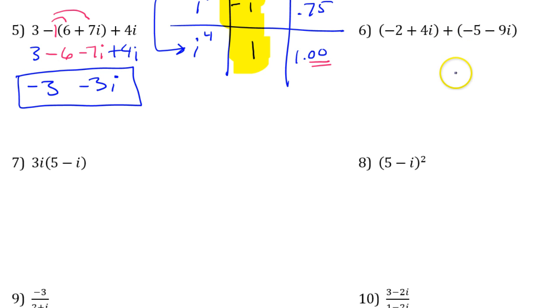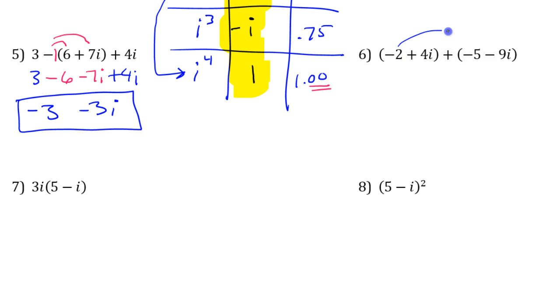Now, this is addition. Whatever you do, do not start multiplying these. That would be wrong, wrong, wrong. When it's addition, the parentheses are not really doing anything. So it's just -2 plus 4i plus -5, I could have just put -5, minus 9i.